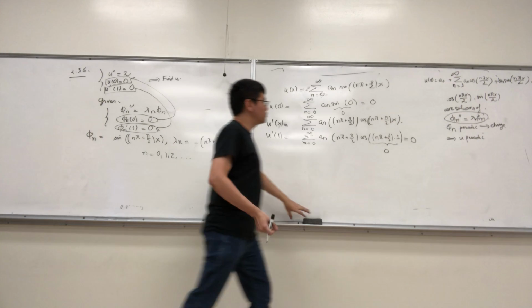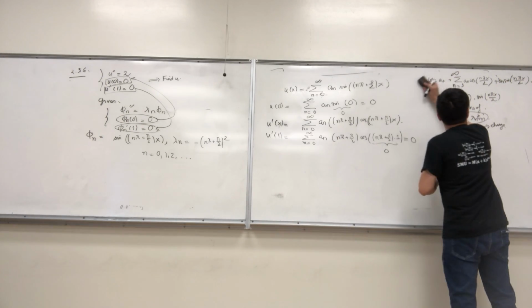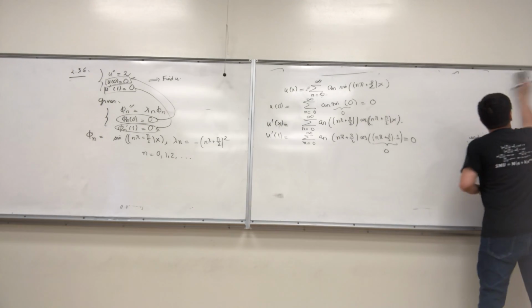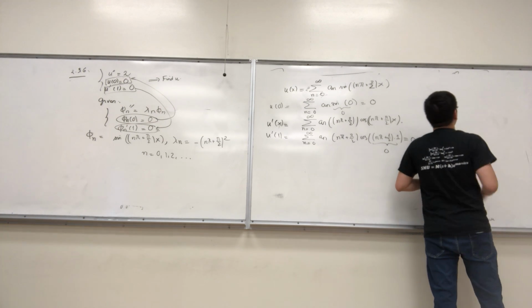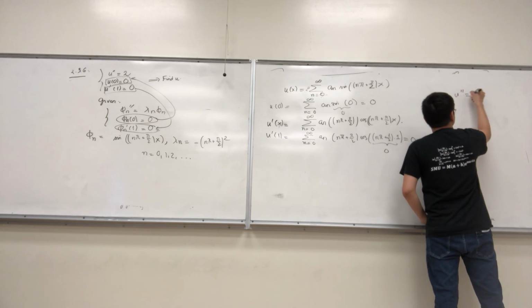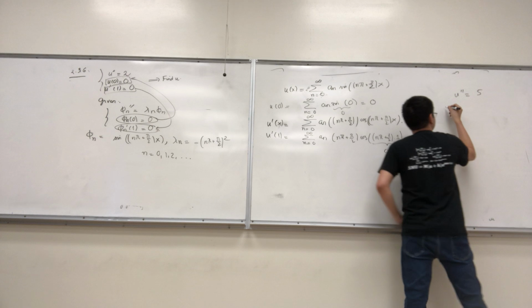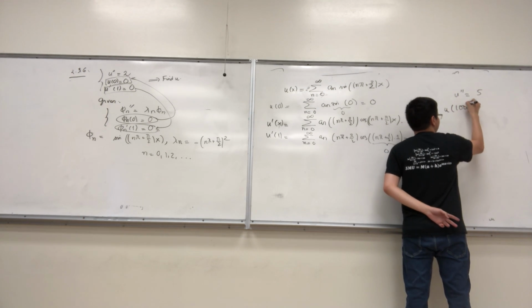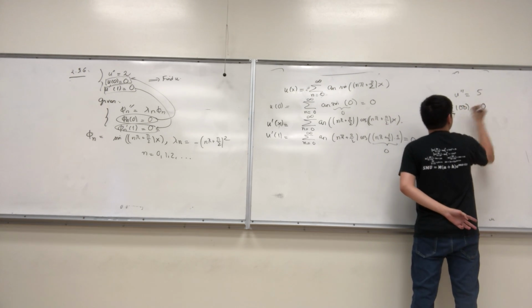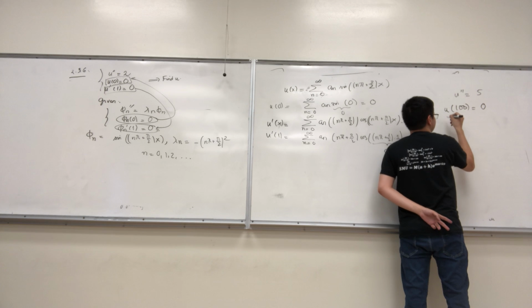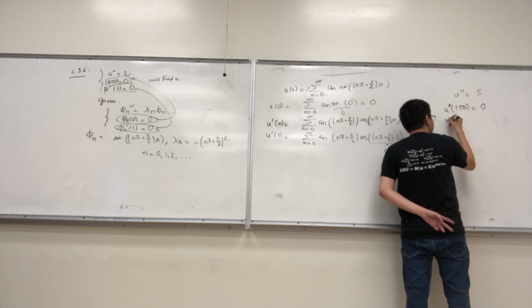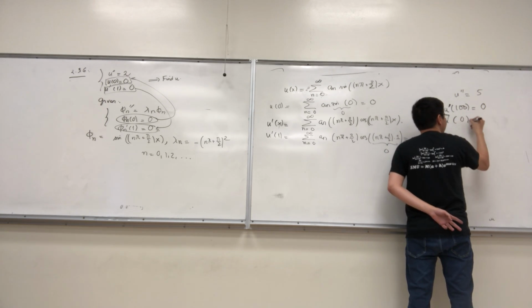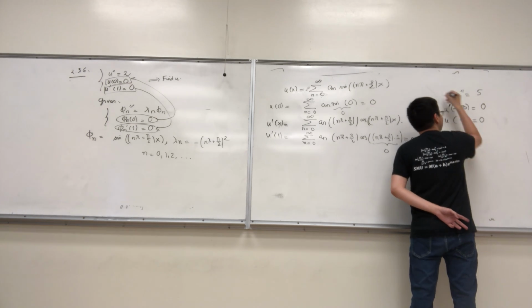Right? So now suppose that I want to solve something like this. u second is equal to 5, right? u of 100 is 0, and u prime at 100 is 0, and u at 0 minus is 0.